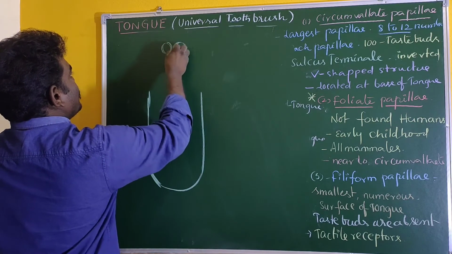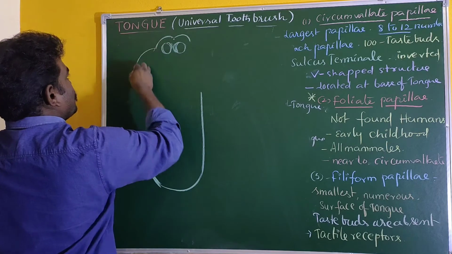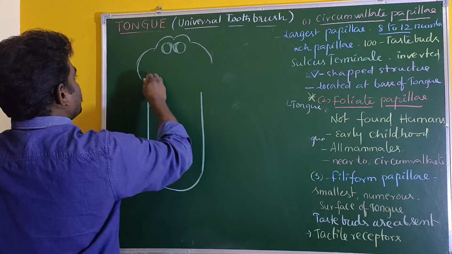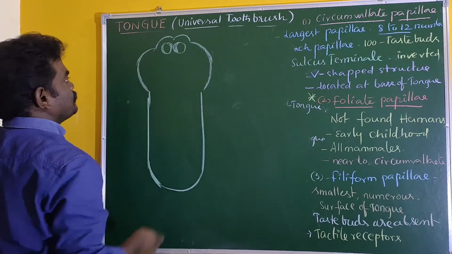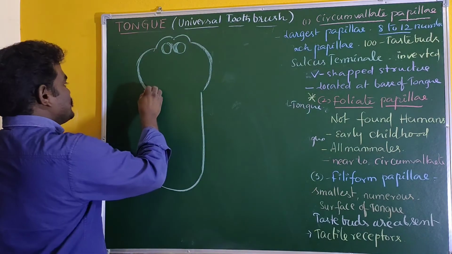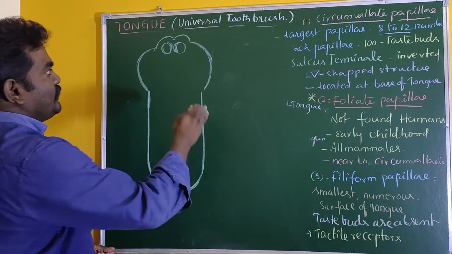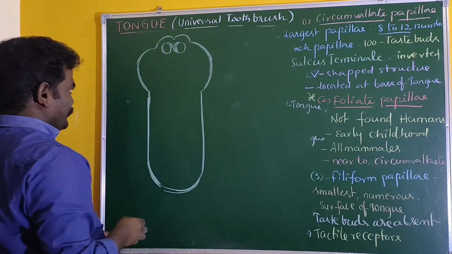So this is the glottis part, the epiglottis part. In this, what are the points we mainly remember? I would like to represent the 4 types of papillae on this tongue.